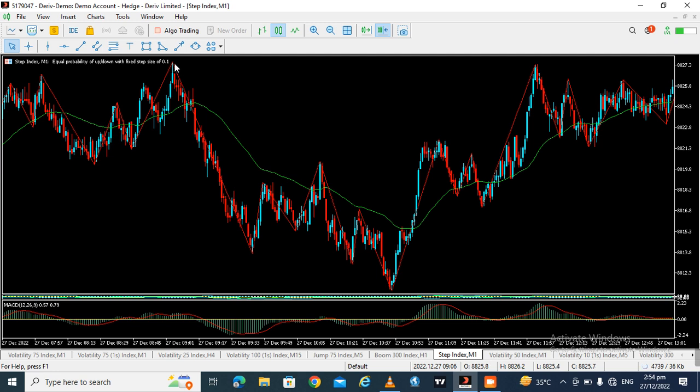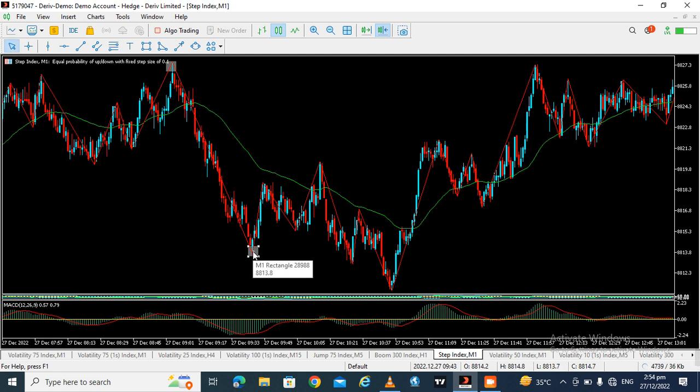From this high we see a drop to form a low at this point. Let me use this rectangle to denote it. This is our high, and this is the low being formed after that high.